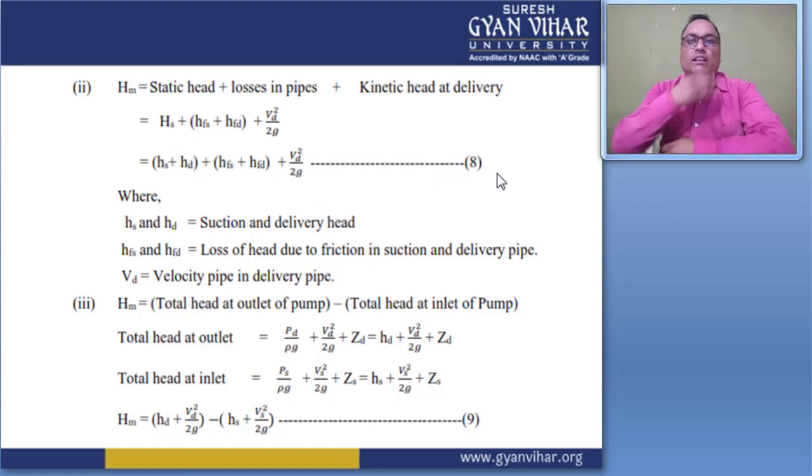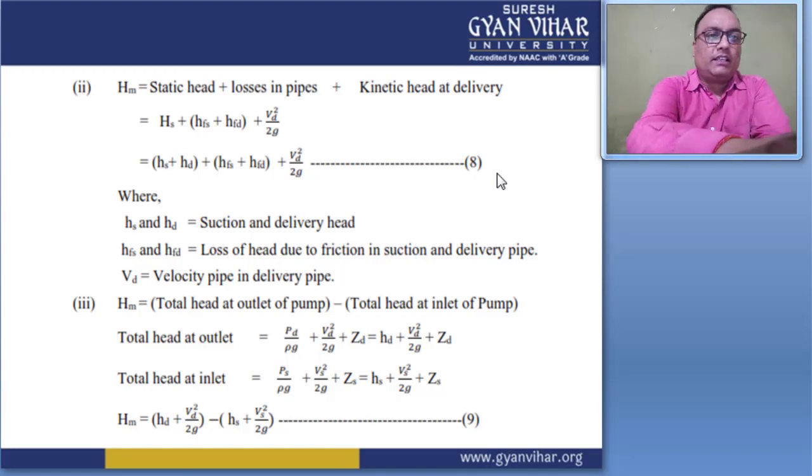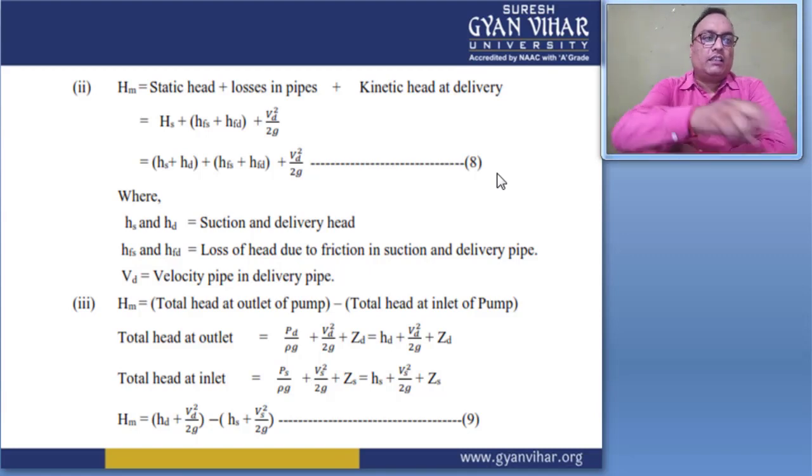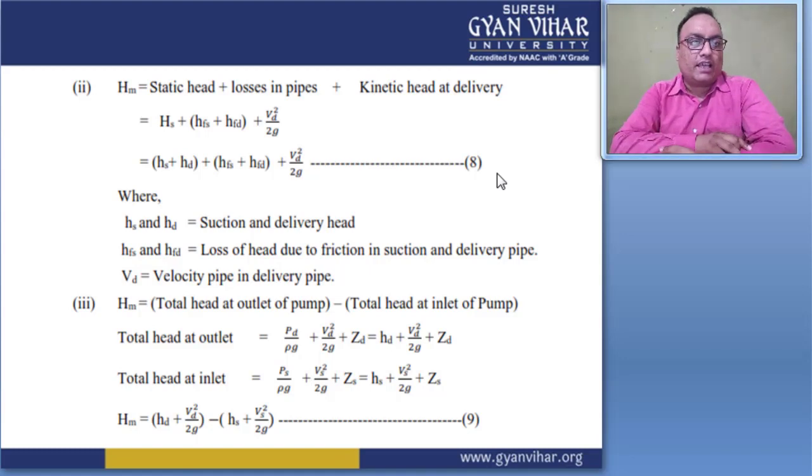Here Hs and Hd give the suction and delivery heads, and hfs and hfd give the loss of head due to friction in the suction and delivery pipes. And Vd gives the velocity in the delivery pipe section, right?